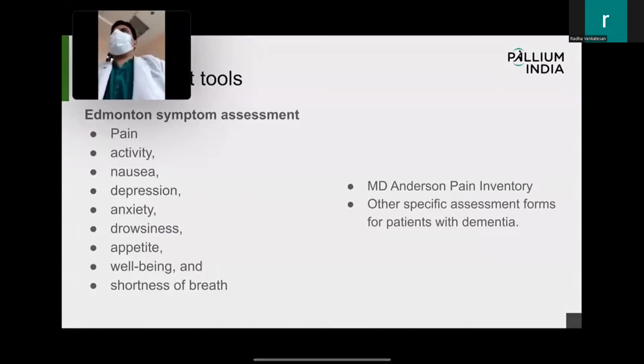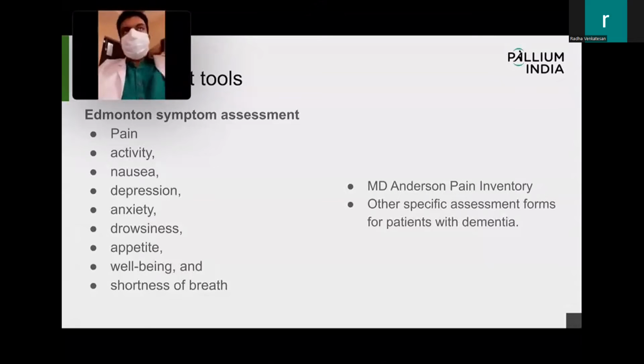So regarding cancer pain assessment, the Edmonton Symptom Assessment System is one of the important recognized ones. And in that, what is the difference between other pain and this? See the factors which I have mentioned below. So pain and shortness of breath are said to form a big chunk.